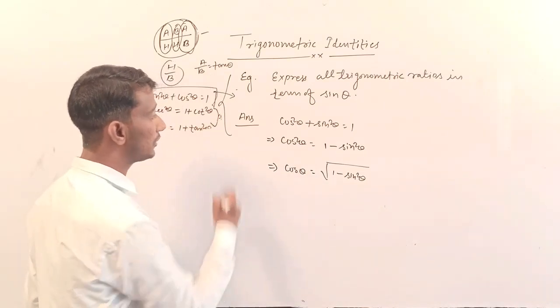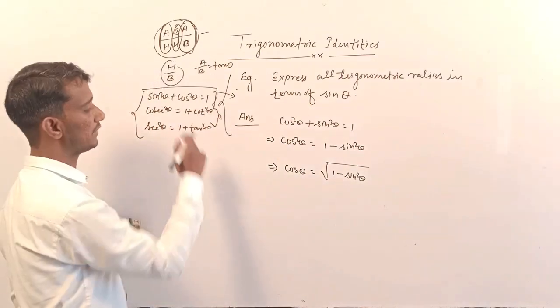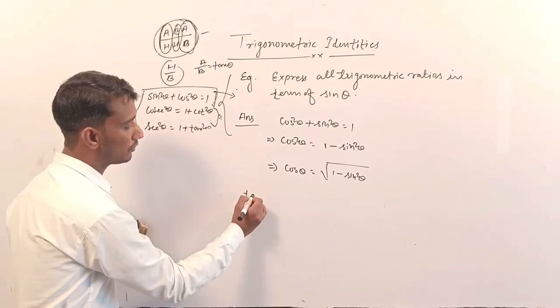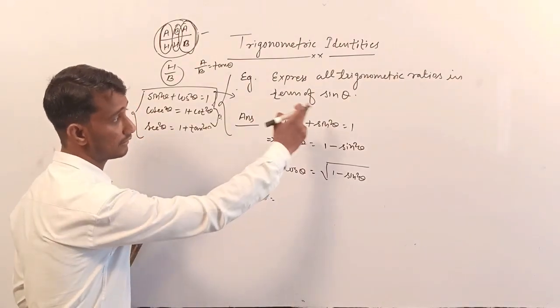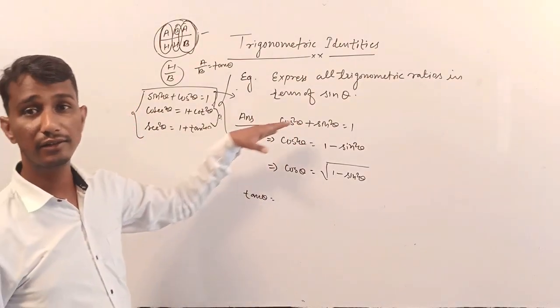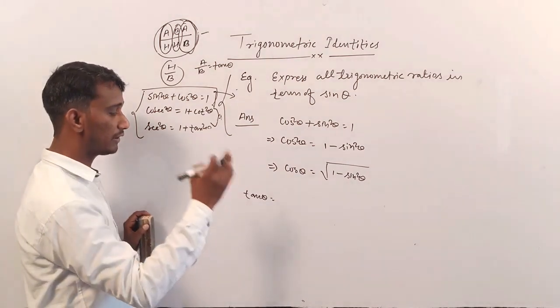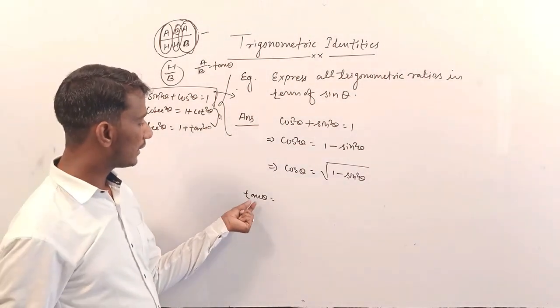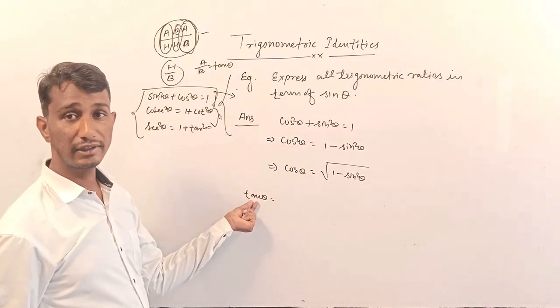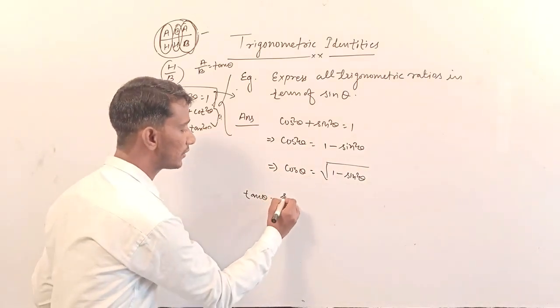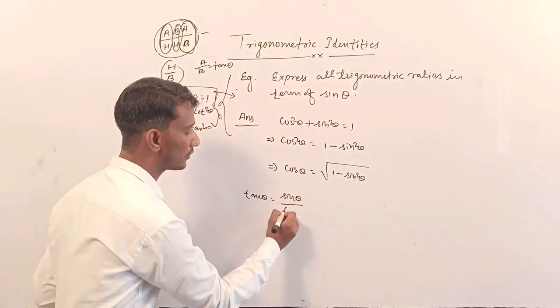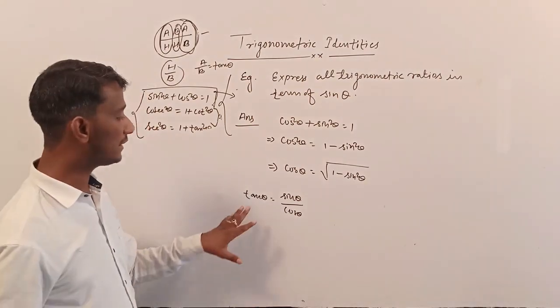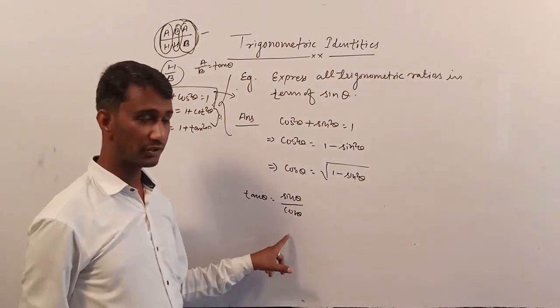Next, suppose the next trigonometric ratio is tan. How to write tan in sine? We know that, as I told you in earlier classes, tan is equal to the ratio of sine and cos. You can say tan is equal to sin theta upon cos theta.